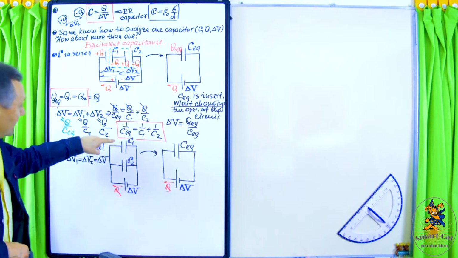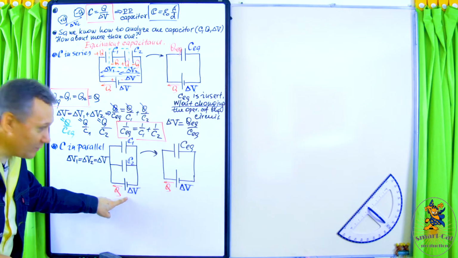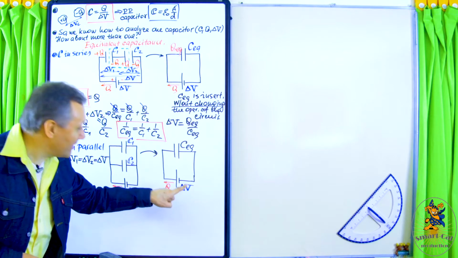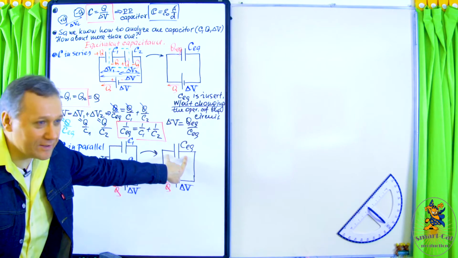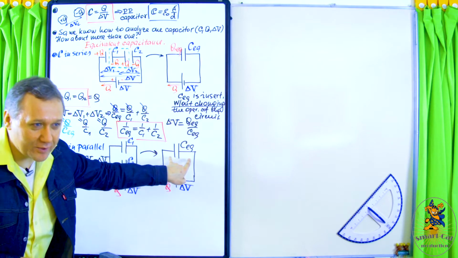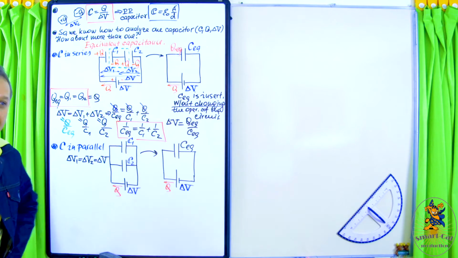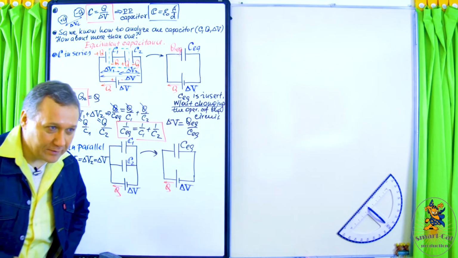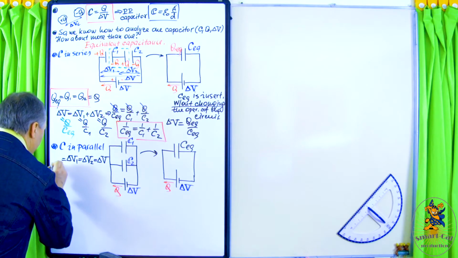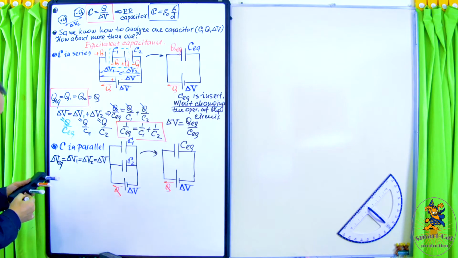Delta V1 equals delta V2 equals this delta V. But since the rest of the circuit must work in exactly the same way, it must be equal to this delta V. And this delta V is applied directly across a single capacitor. So the potential difference across an equivalent capacitor must be equal to the potential differences across capacitors connected in parallel.